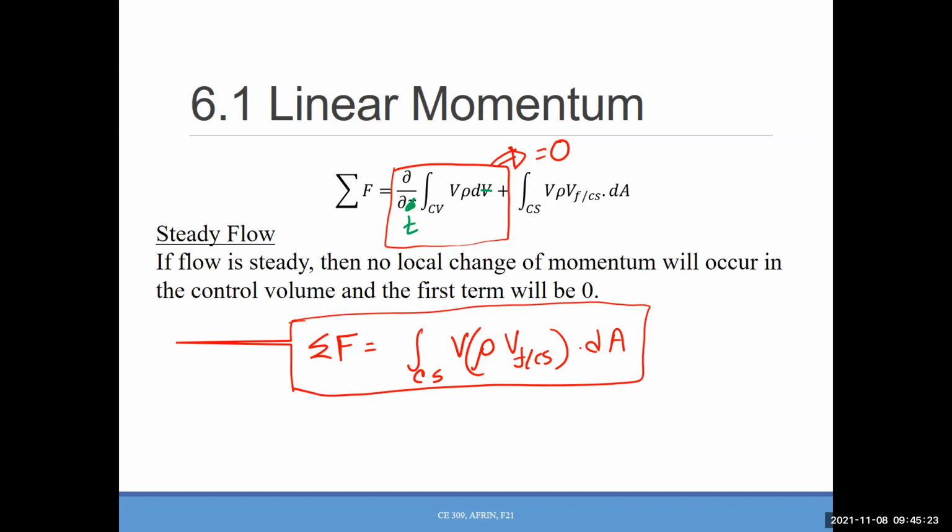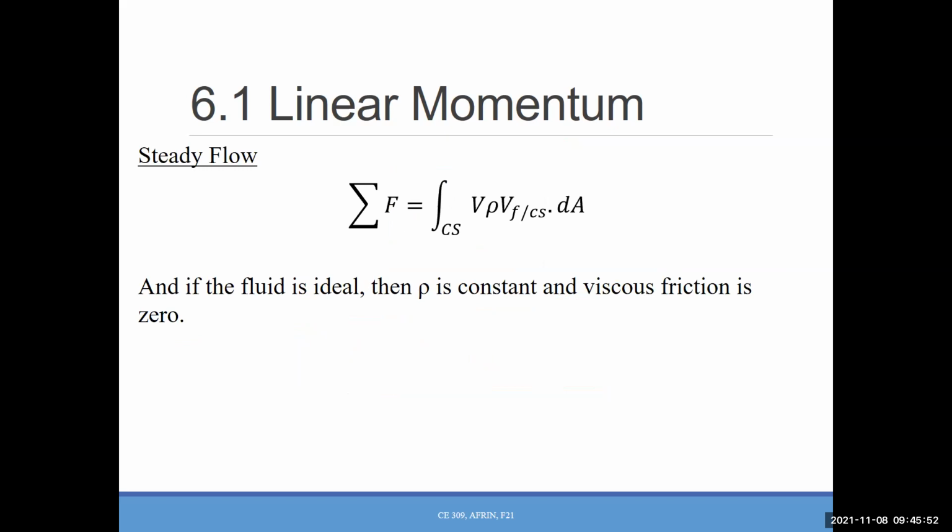And there we can do one more simplification for incompressible flow when the density is not different, density is same. So that will be the next simplification. If we have the incompressible, or if the fluid is ideal, then rho is constant.